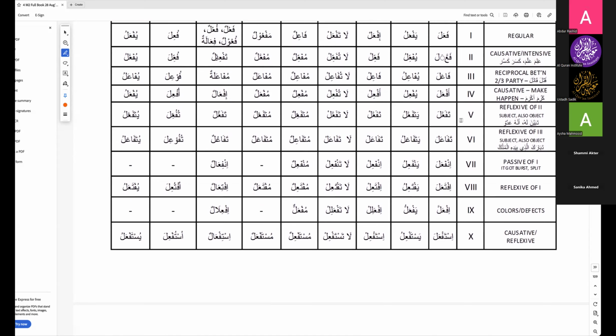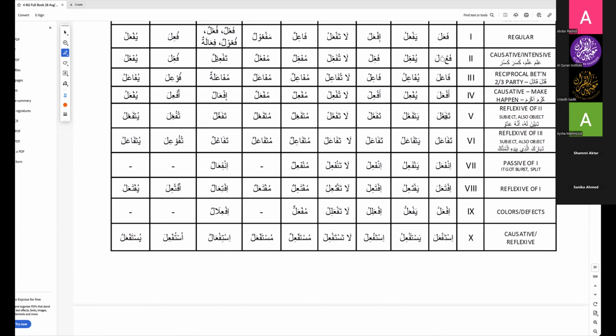Now, form 5. You can see ta is added now, and ain also has taken a shadda on top. So tafa'ala, again is reflexive of verb 2. You see that? Now we added ta before fa'ala, so it now becomes tafa'ala.